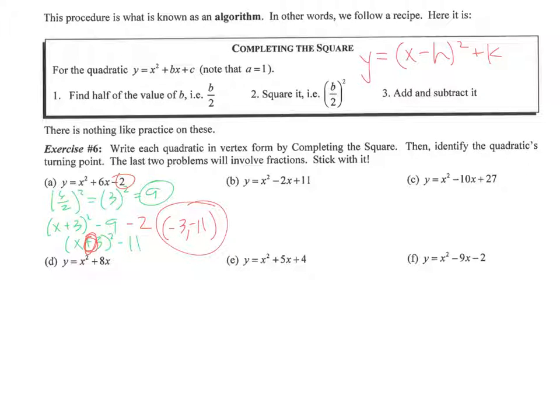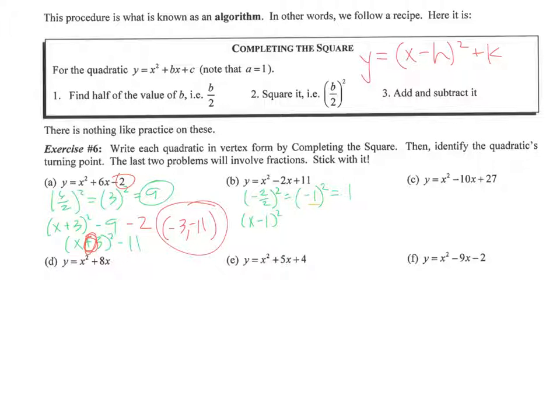Next one. Negative 2 divided by 2 squared becomes negative 1 squared, which is 1. So our perfect square binomial is going to be x minus 1 squared because of this negative 1.